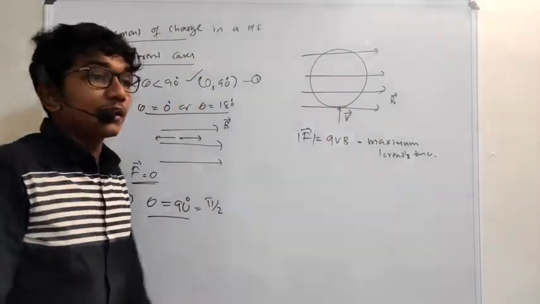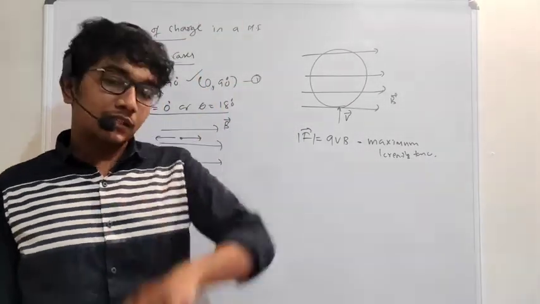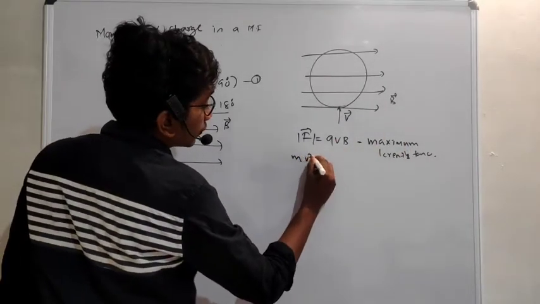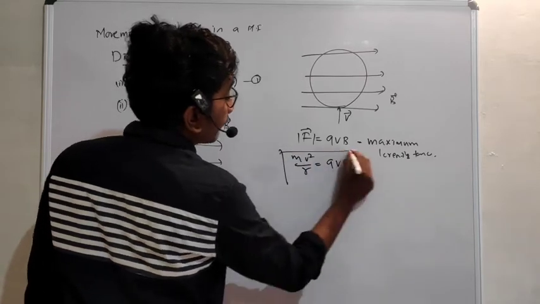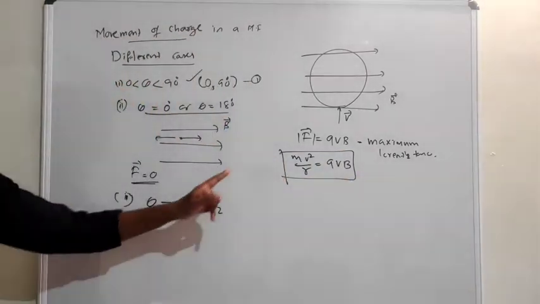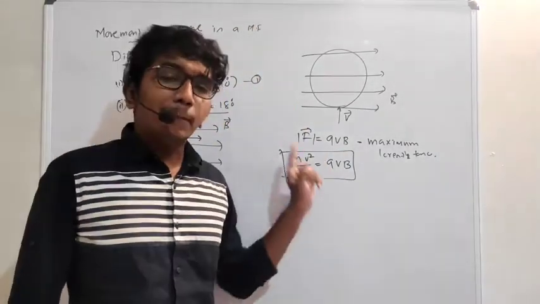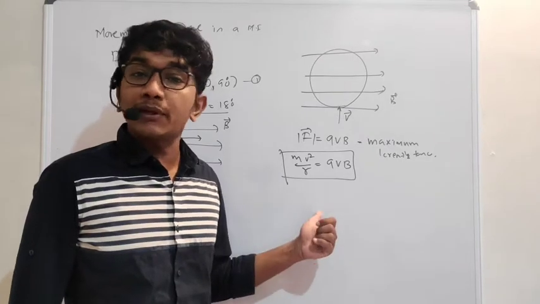Also, you know the force which is responsible for a body to move in a circular path is known as the centripetal force, mv square by r, which is equal to qvb. I think you have got the idea. This is a beautiful idea, and you can use it in many places, not only in this chapter or electrostatics.